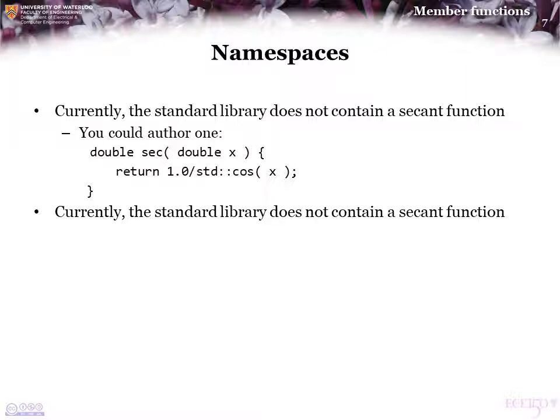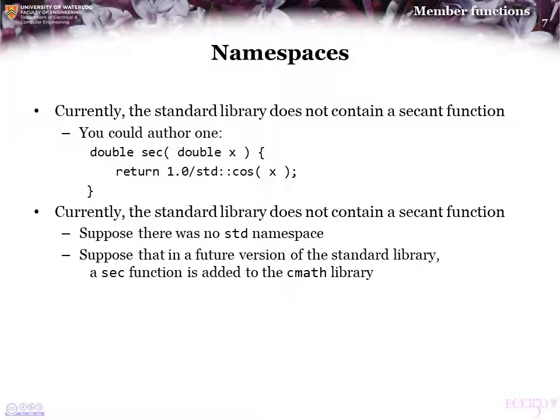Now, as I said, currently the standard library does not contain such a function. However, suppose there was no standard namespace, and suppose that a future version of the standard library did include a secant function. Well, this is going to do one of 2 things.